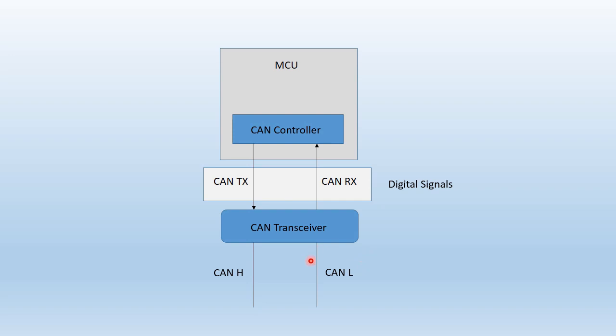For this purpose, we use a CAN transceiver, and the CAN transceiver gives you two outputs. One is CAN H and another one is CAN low. Those are differential signals and you have to connect them to the bus. That's how a bus with multiple nodes looks like. At the end of the day, you have to communicate over the CAN H and CAN L signals.